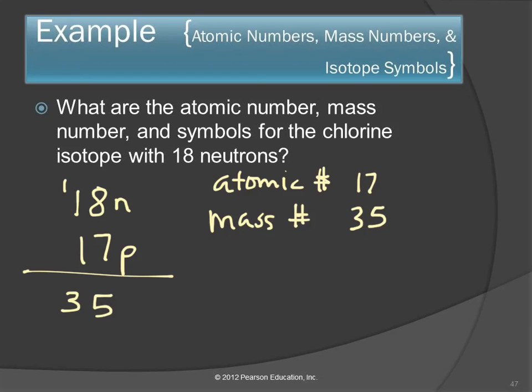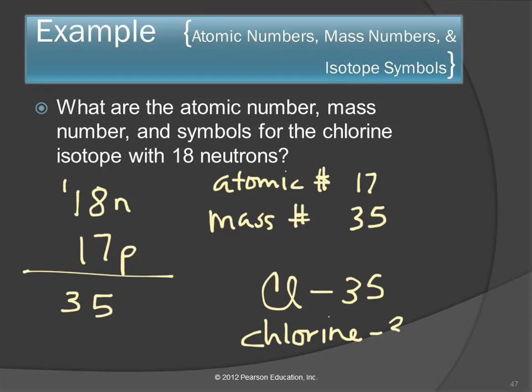The symbols, plural. Well, there's a couple of different kinds of isotope symbols. One is to do the element symbol followed by the mass number, which is 35. Or we could use the element name followed by the mass number. Or we could do the one with the superscripts and subscript.